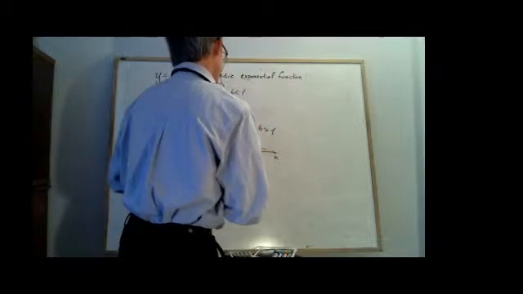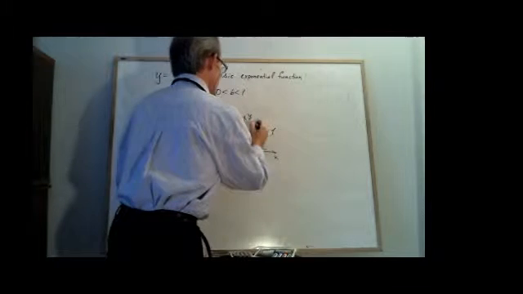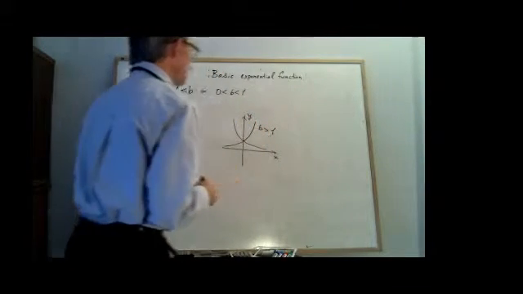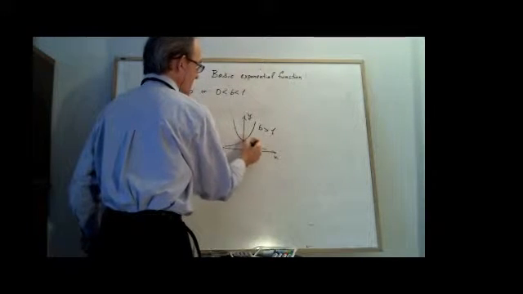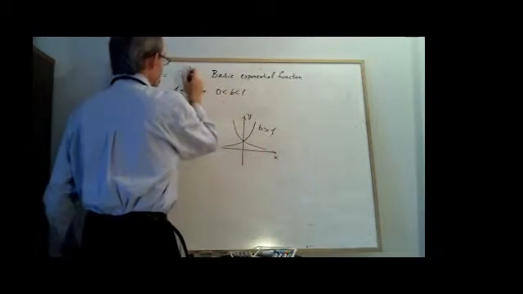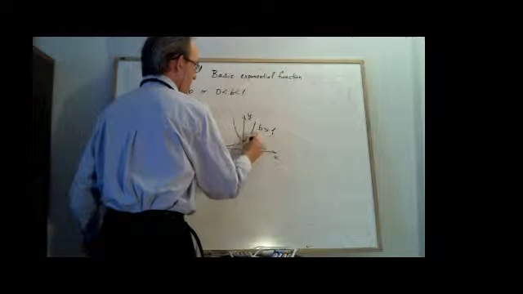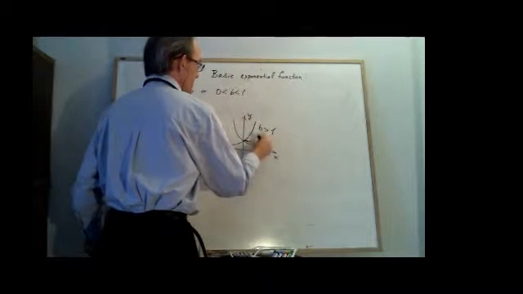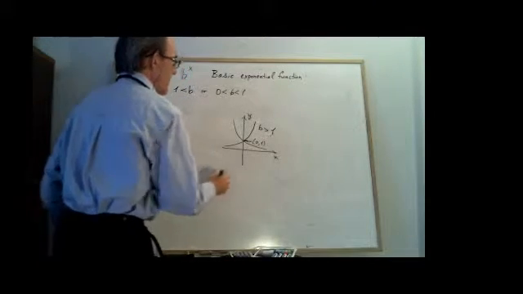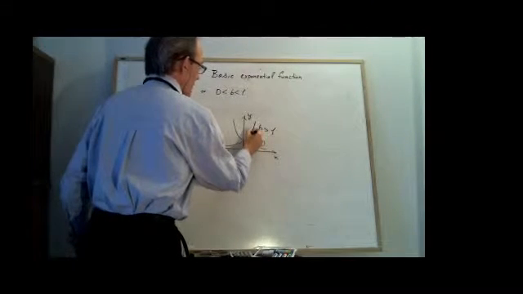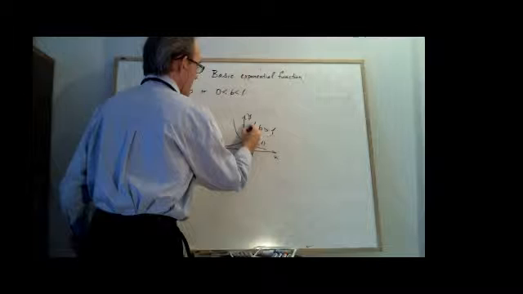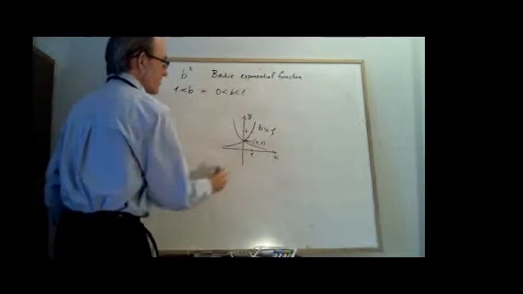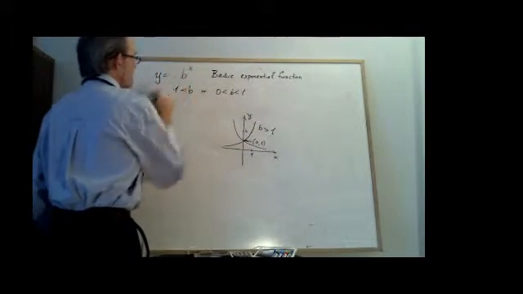They go through the same point at x equals 0, namely y is equal to 1. And there's a characteristic value or a special point at x equals 1, namely you get the value b, the value of the base.